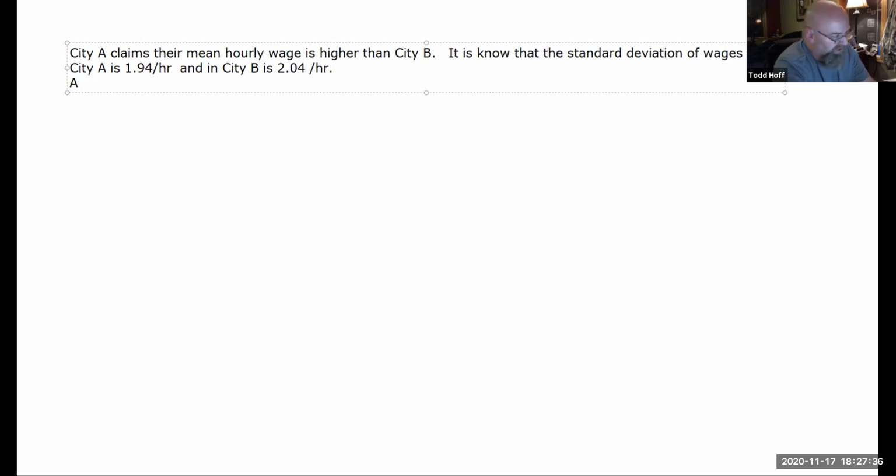Independent random samples are taken. A sample of 60 workers from City A gives a mean of 18.02 per hour.